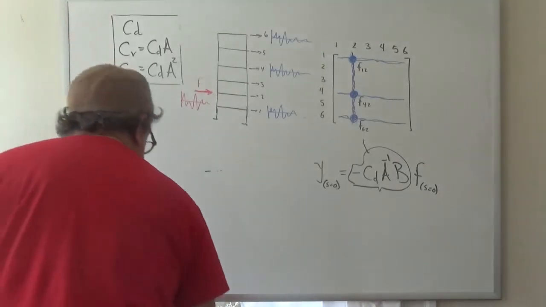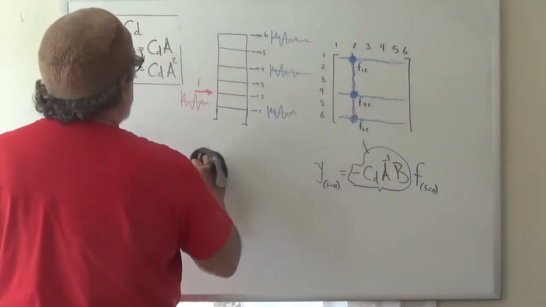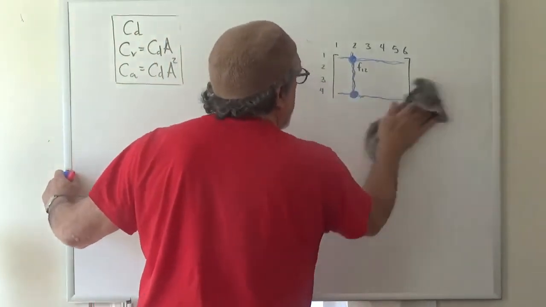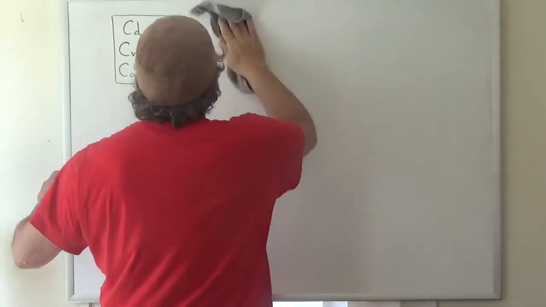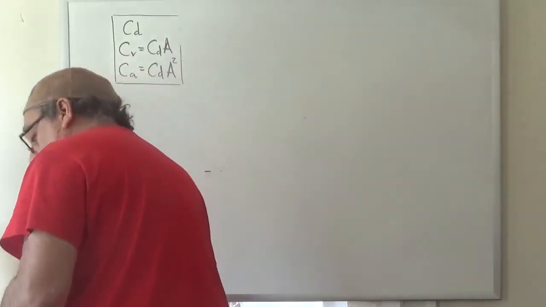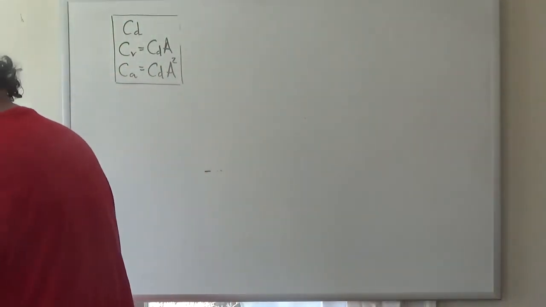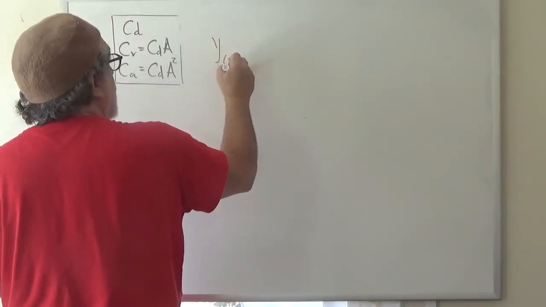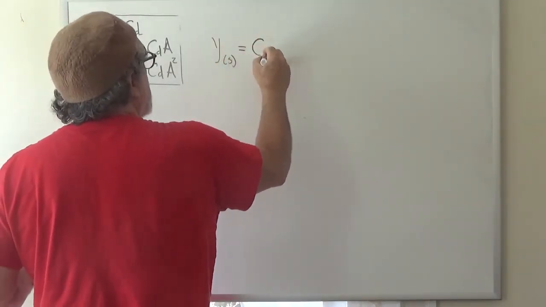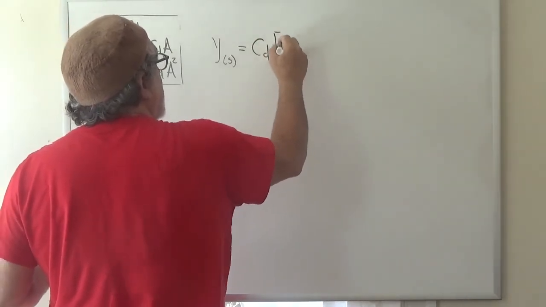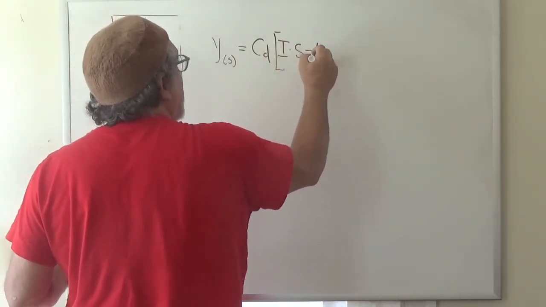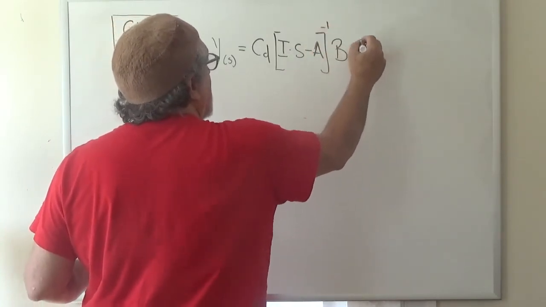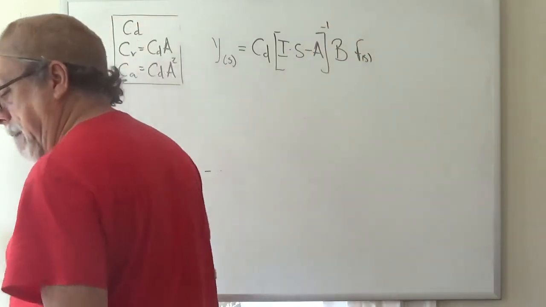All right. So I'm going to erase and go back to the expression that we had, which was that y sub s, without using the 0 still, is just CD times the identity times s minus A to the minus 1 times B times F sub s, right?